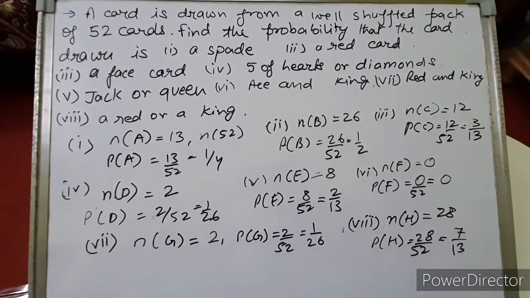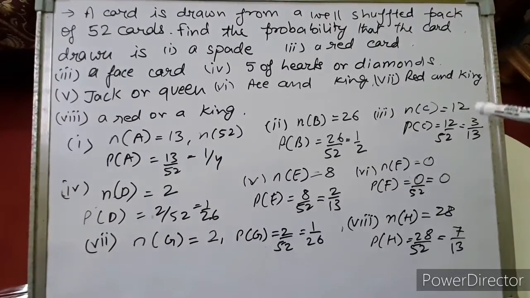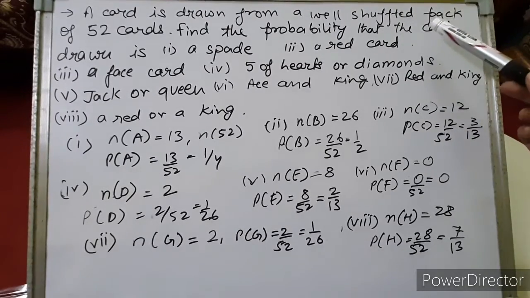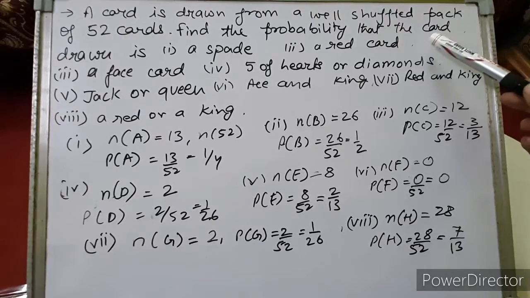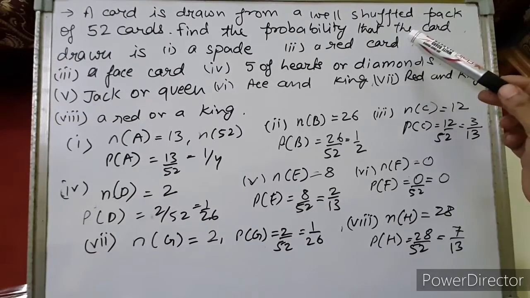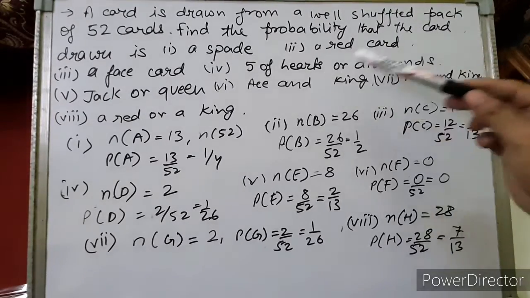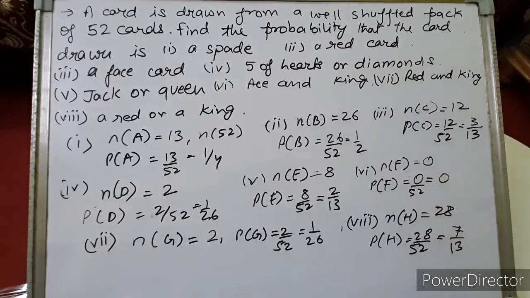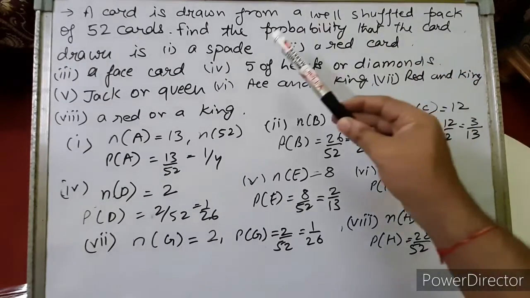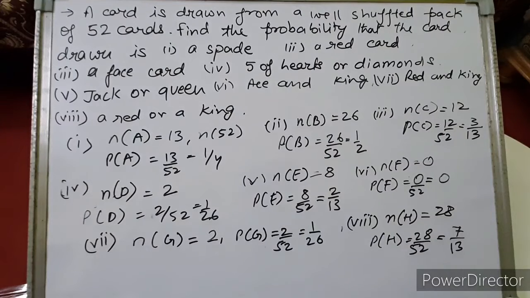Let's see another sum, children. Now this sum is based on cards. It is given that a card is drawn from a well shuffled pack of 52 cards. Find the probability that the card drawn is: now there are 8 points in total. First point, spade card. In a pack of cards, what is the sample space?